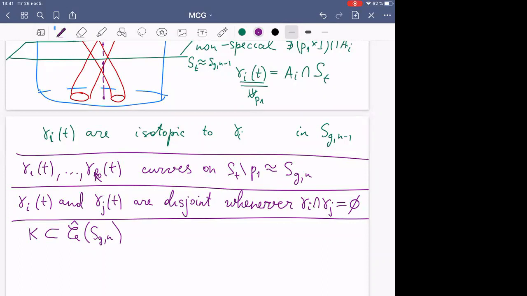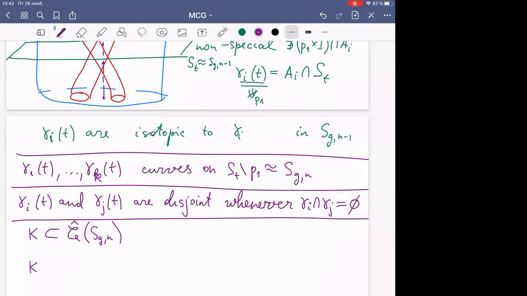The simplest of this subcomplex is spanned by certain collections of curves that are disjoint. If some collection of curves was disjoint at the original moment of time, then for any moment of time t, the corresponding curves are disjoint as well.